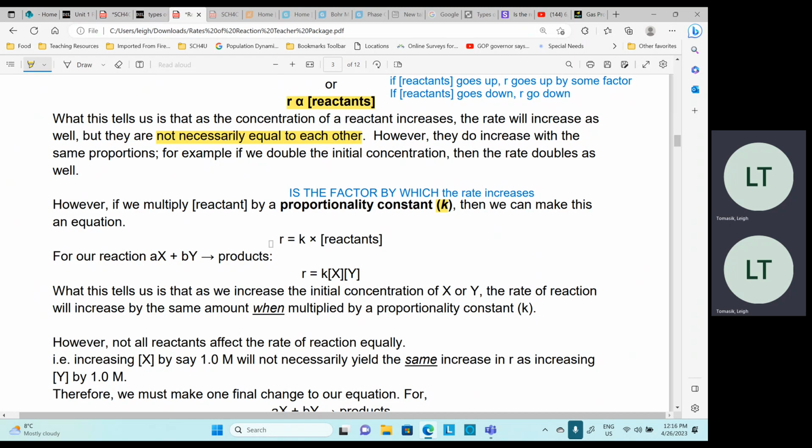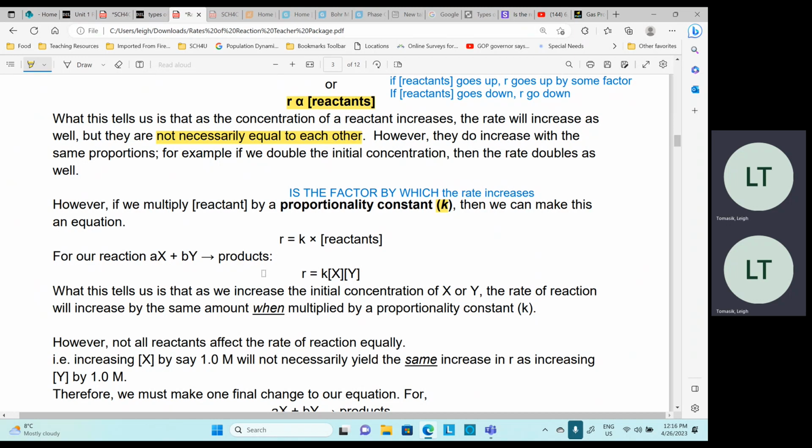Anyway, so the rate is equal to the concentration of reactants times some constant, times some factor that makes this an equation. So if we increase the concentration of reactants by 2, right, the rate can go up by 2. But it'll be 2 times some number.